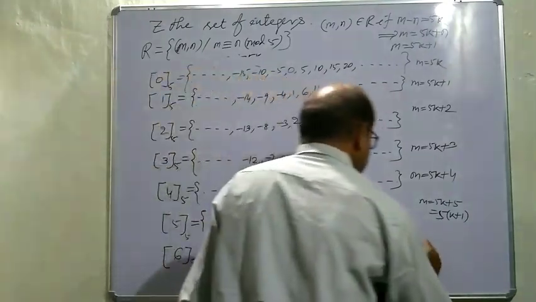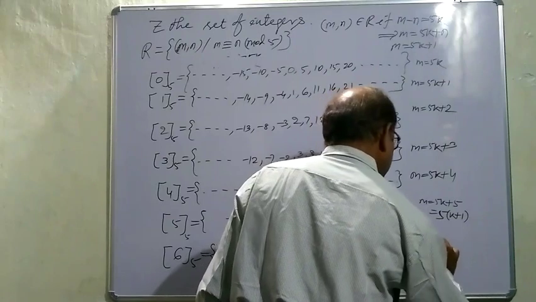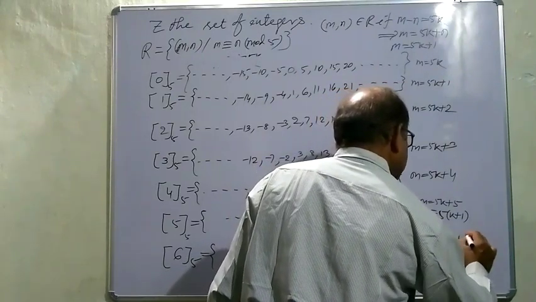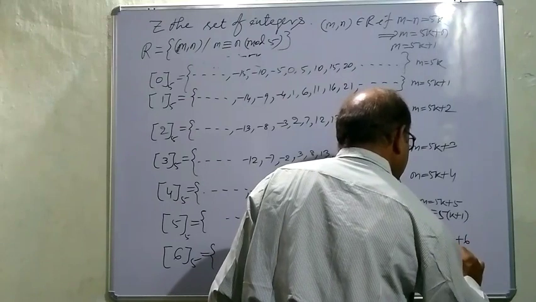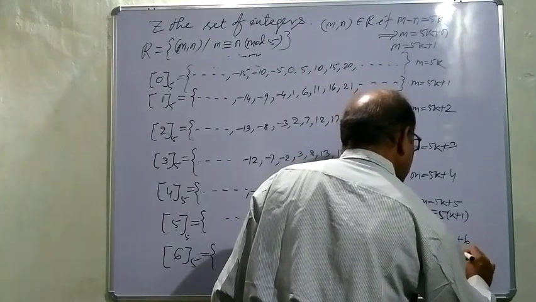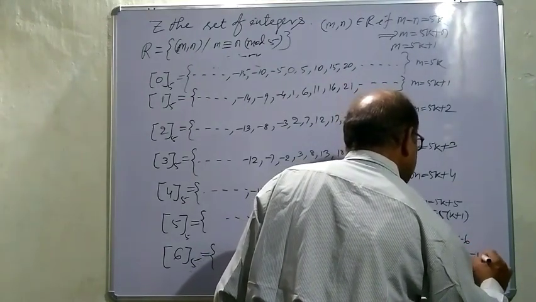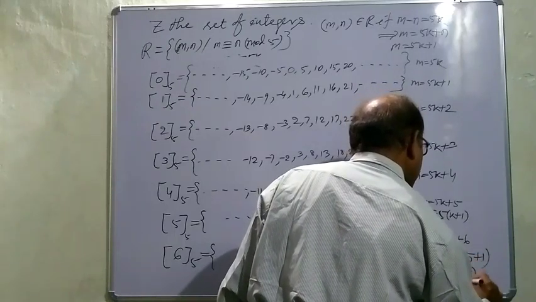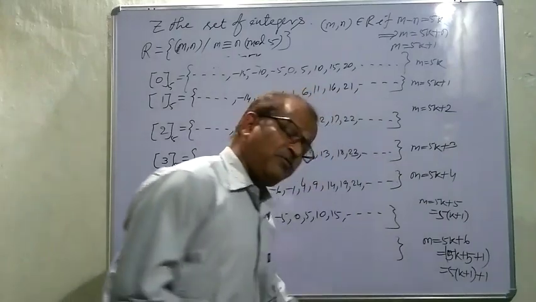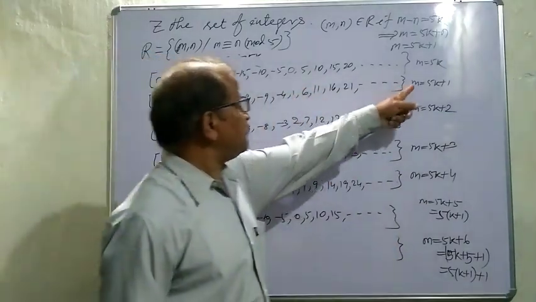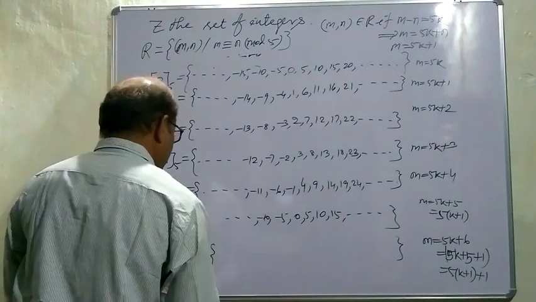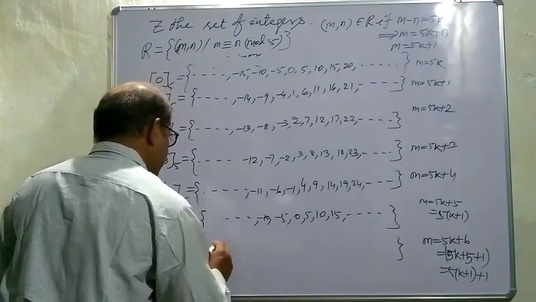Similarly, you can find the equivalence class of 6. 6 means it will be m is equal to 5k plus 6. That can be written as 5k plus 5 plus 1. That is 5 into k plus 1, plus 1. Multiple of 5 plus 1 will be the same as equivalence class of 1.